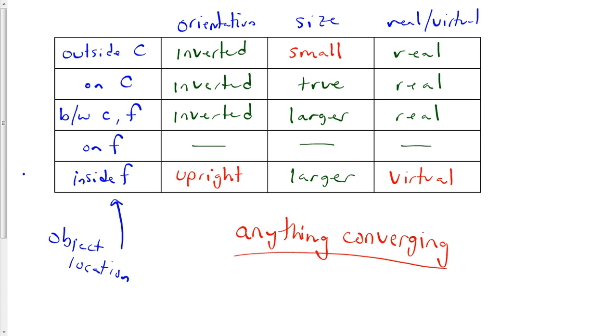And inside F is the only virtual image. That's true for anything convergent. We're going to do the same thing with lenses, and that's what they're going to look like. All the converging stuff is the same. All the diverging stuff is the next thing we're going to look at. And it's far easier.